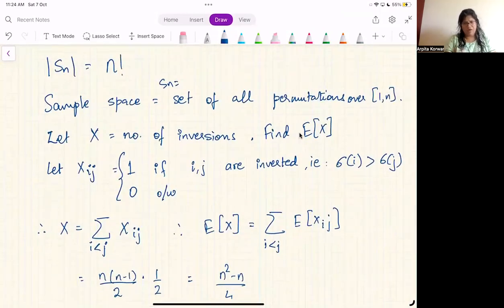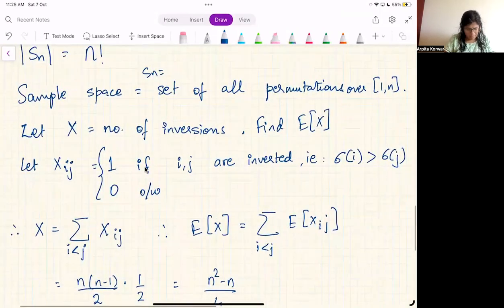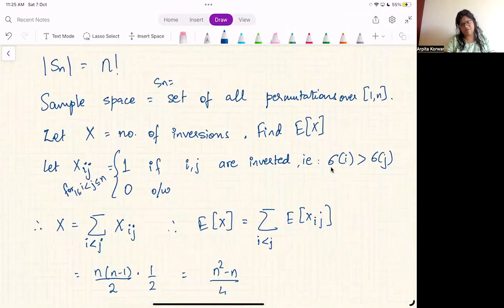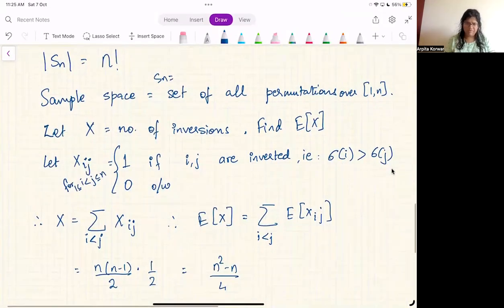Now, how do you do this? You break it into a sum of random variables. Each Xij, for 1 less than or equal to i, strictly less than j, less than or equal to n, is equal to 1 if i and j are inverted, that is, under that permutation sigma i is greater than sigma j, and it is 0 otherwise.